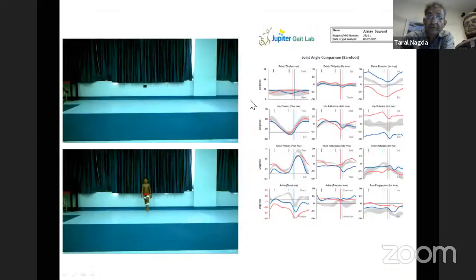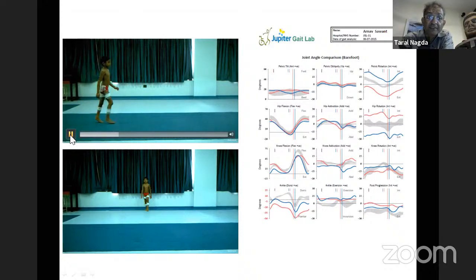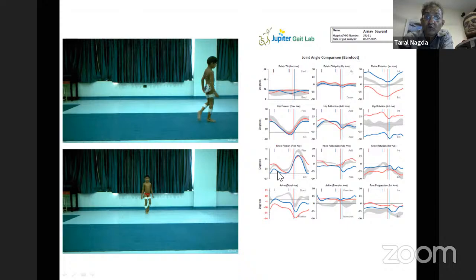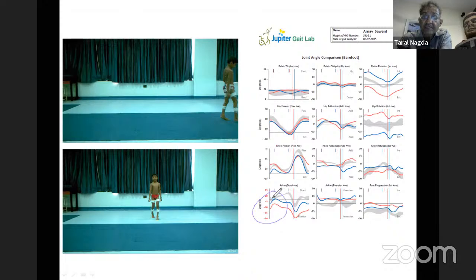So these are a few causes of the first rocker being affected, and you see a child here on the left side, a child with hemiplegia. You see in the graphs that there is increase in ankle plantar flexion at initial contact, which continues into the mid stance and into the terminal stance.